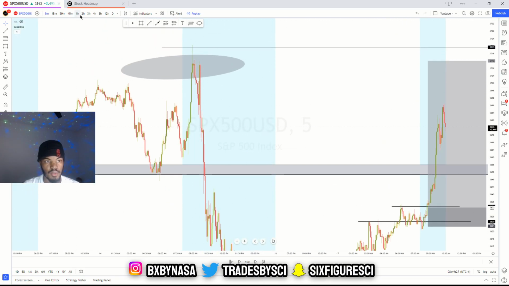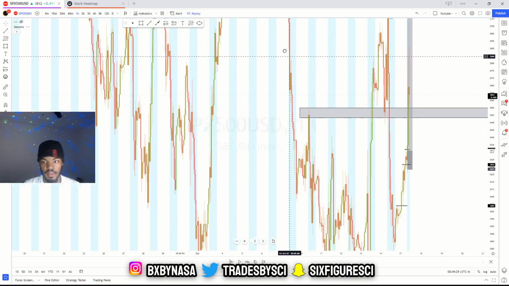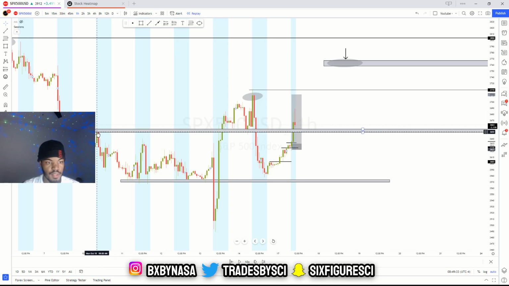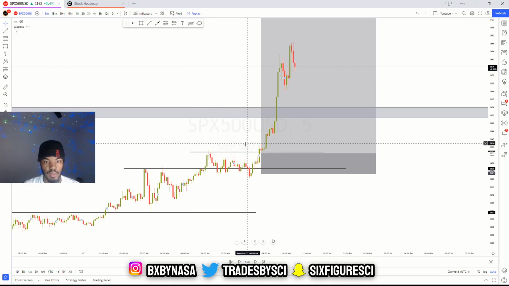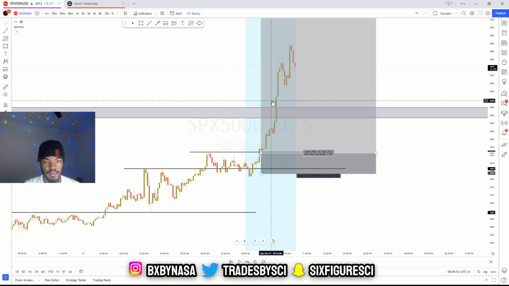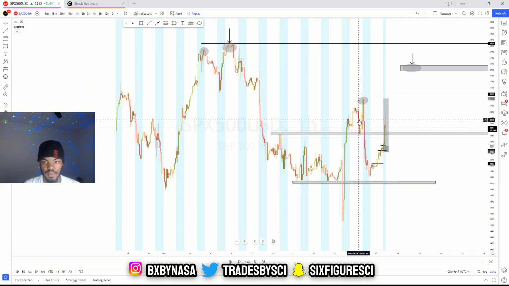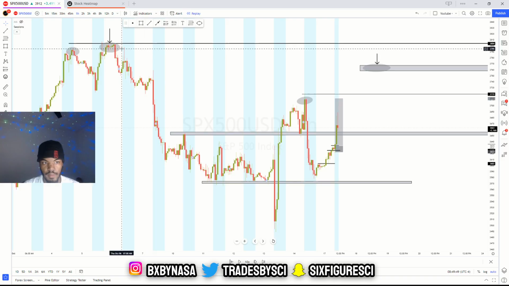If we go back on the higher time frame, this high up here was telling us price is above this high. Price breaks above that high during our trade, letting us know, okay, price is bullish. Price is targeting here, and it can most likely come and target here if we can get a break.